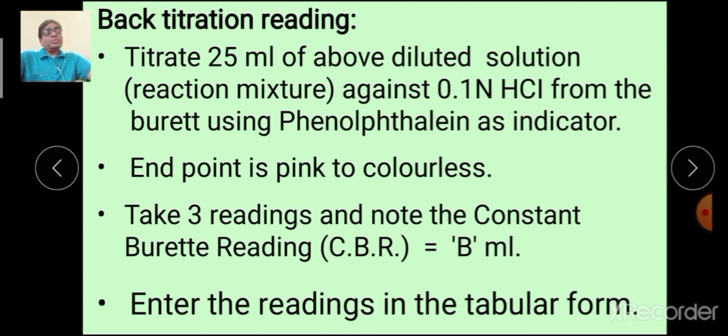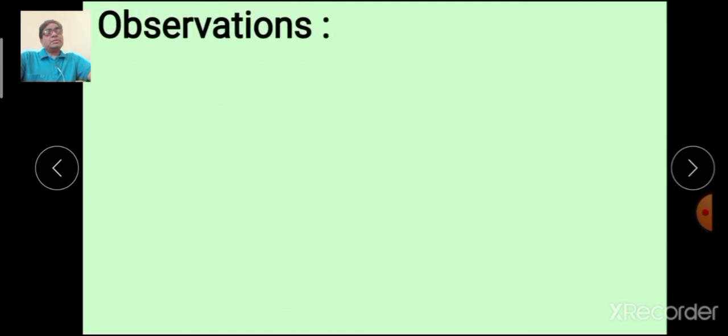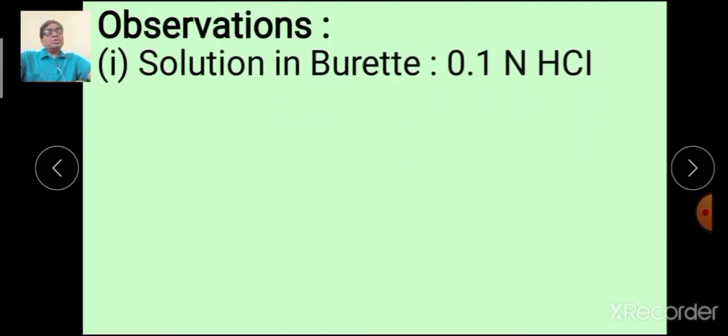Observations. The first one is solution in burette, 0.1 normal hydrochloric acid. That is, fill the burette taking usual precautions. No air bubble should be in the burette, and the burette should be filled up to the 0 mark.